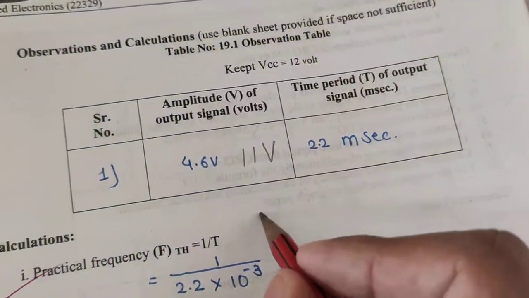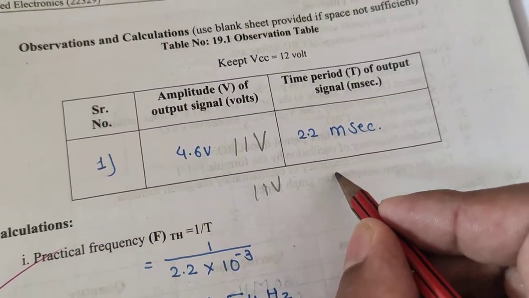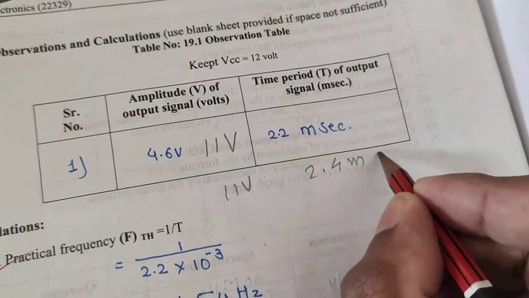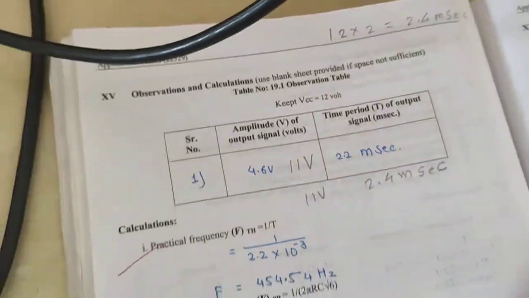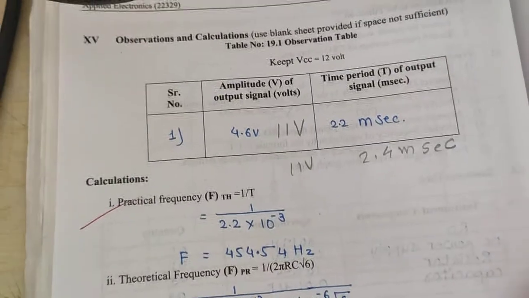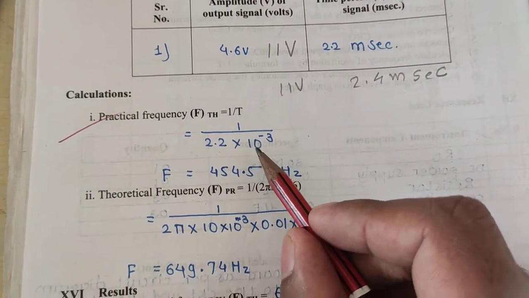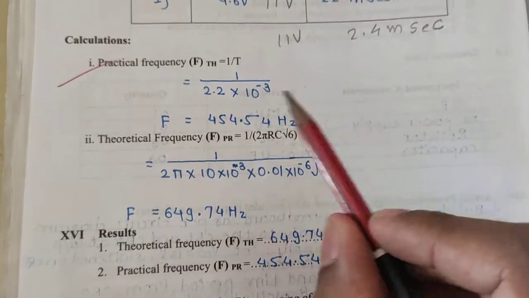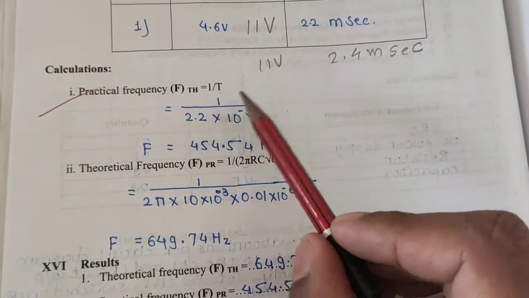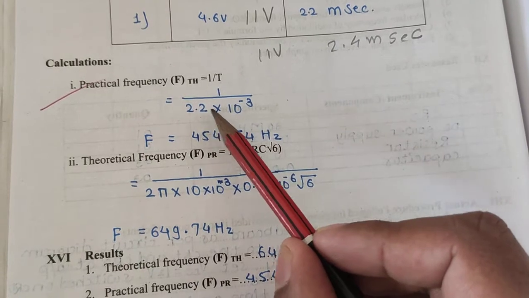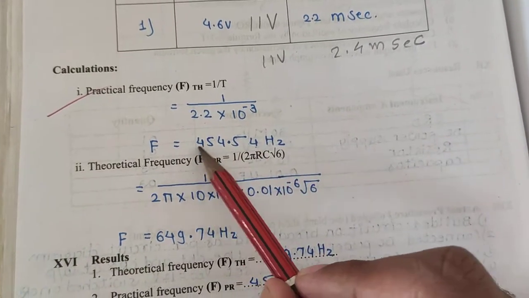So here you will get 11 volts as output voltage and 2.4 millisecond as the time period of one complete cycle. Depending upon that you can calculate the frequency. This is your homework. By putting 1 upon T, that is 1 upon 2.4 into 10 raised to minus 3, you have to calculate the frequency.